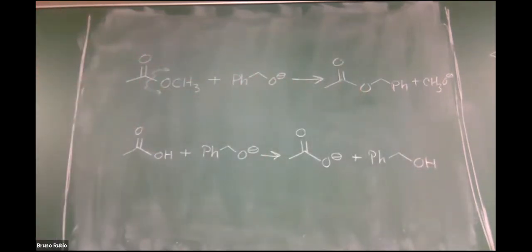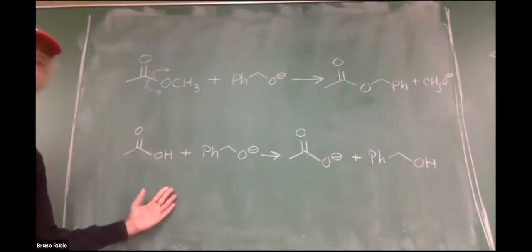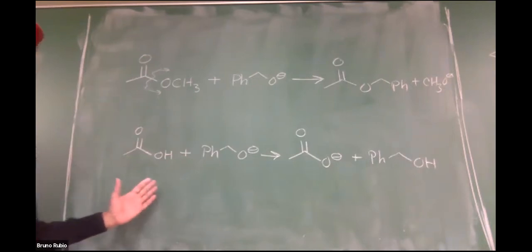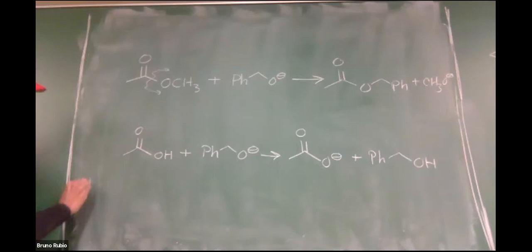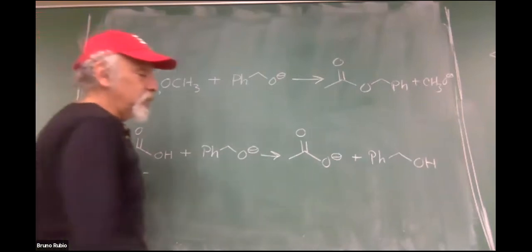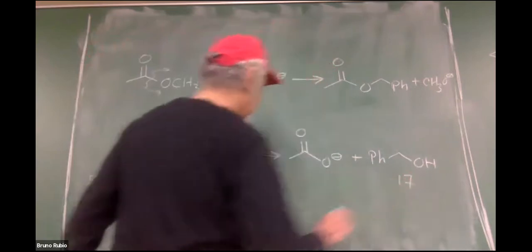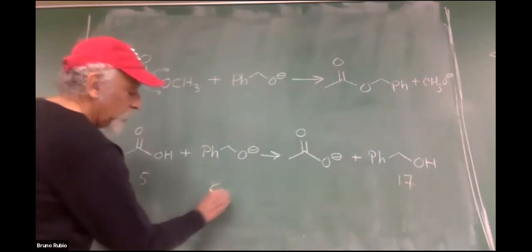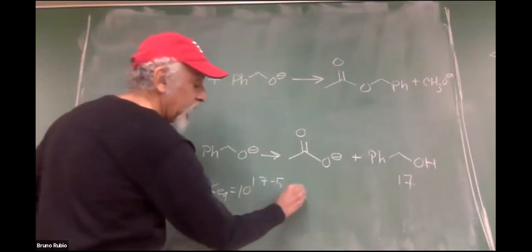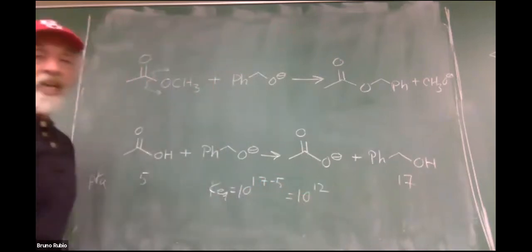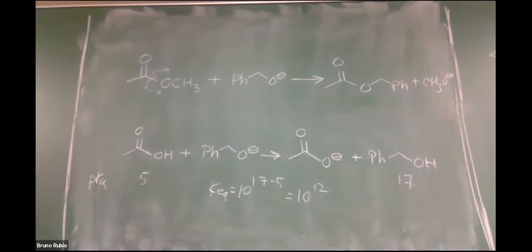Did I get you, right? Did you think that it's going to be an acyl substitution? Oh no, this reaction has a huge equilibrium constant. The pKa of a carboxylic acid is 5. The pKa of an alcohol is 17. The equilibrium constant is 10 to the 17 minus 5, which is 10 to the 12. That's a huge equilibrium constant.